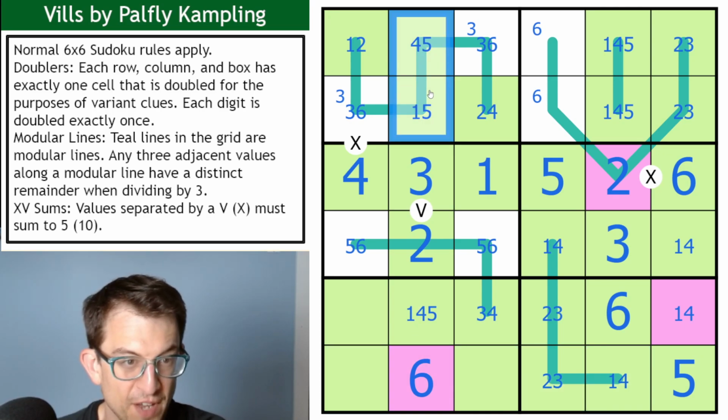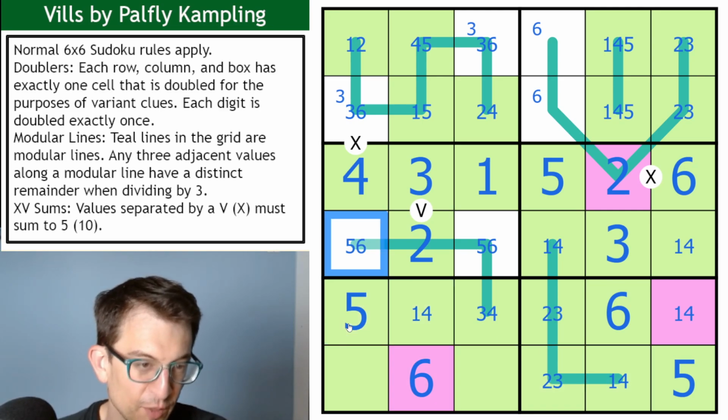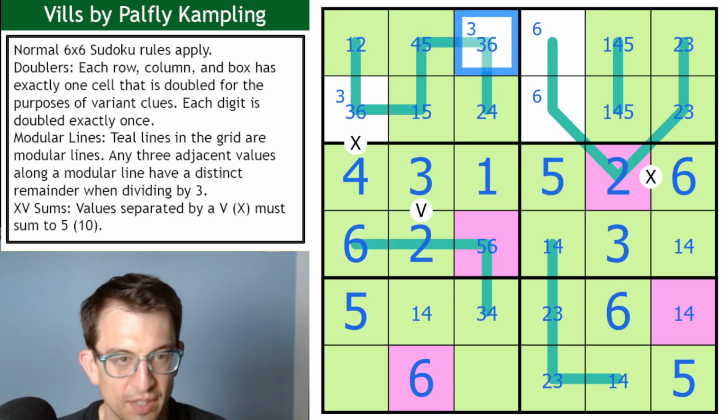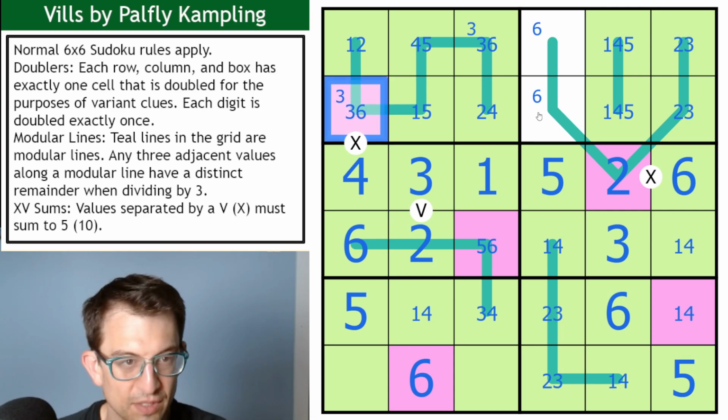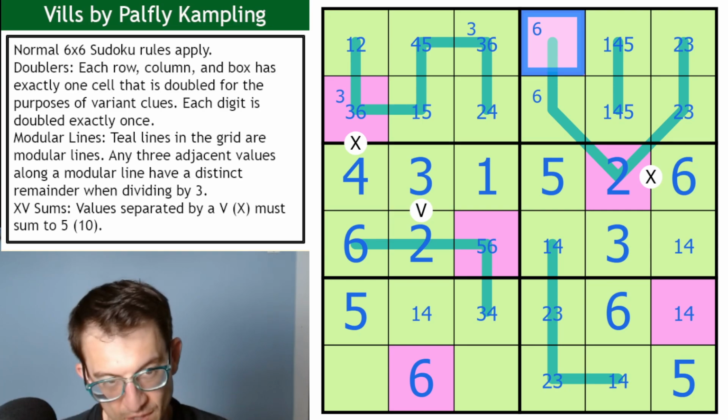One of these is a 5, so that's not. And so 5 in this box is here, which is a 6 here. Here we go, which is not doubled. That is. That's not. That is. That's not. That is. And the 6 is what's not doubled.